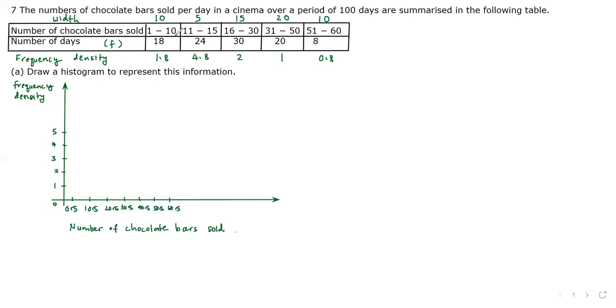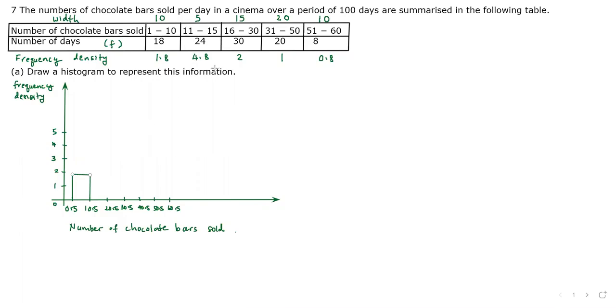From 0.5 to 10.5, we have a density of 1.8. So 1.8 is somewhere here. You'll be given graph paper during the exam, so you will not have this problem. You can draw a perfect scale using the graph paper.